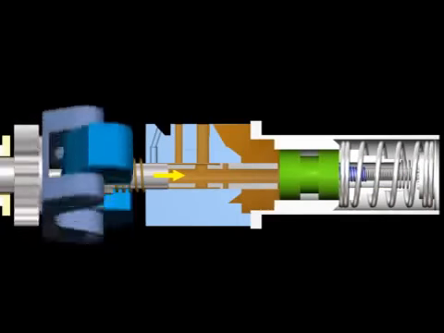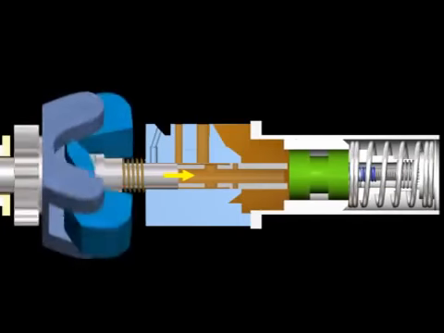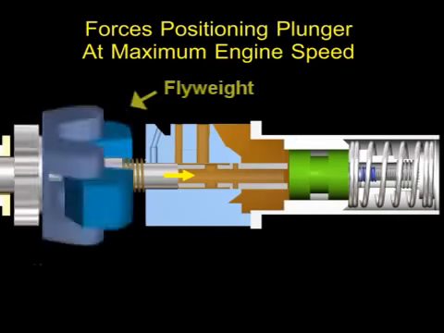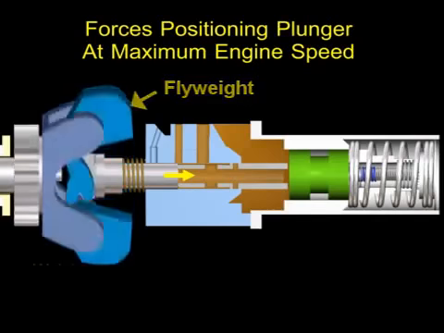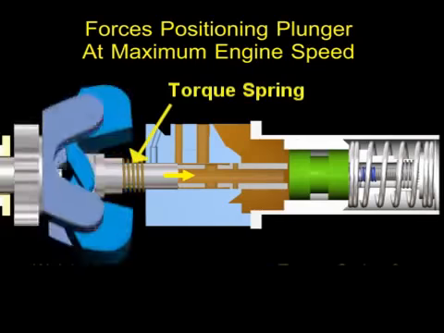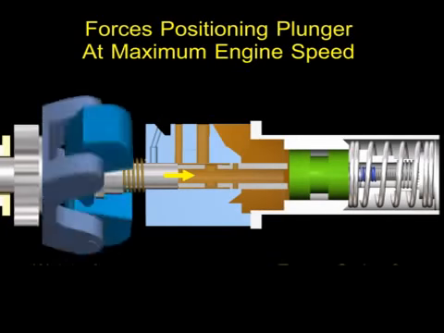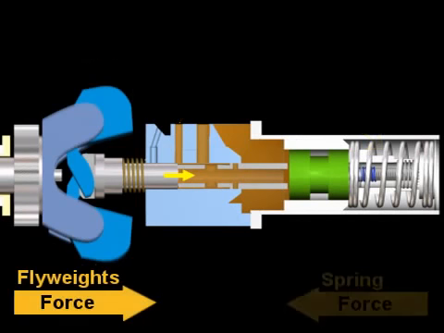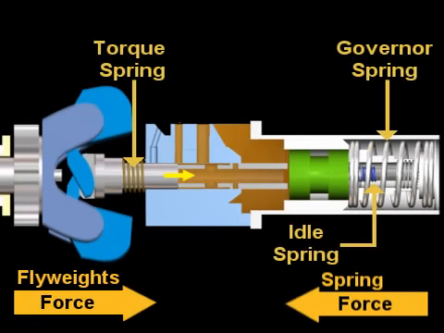In governing maximum engine speed, the forces acting to position the governor plunger include the flyweight force working against a combination of the torque spring and the governor spring. The flyweight force acts to close the main fuel passage, while the spring force acts to keep the main fuel passage open.